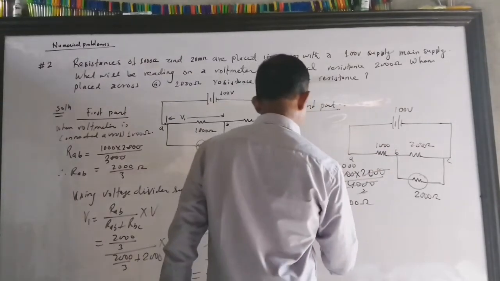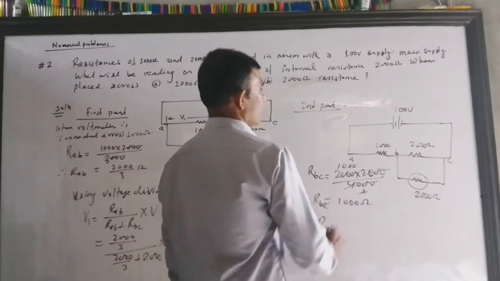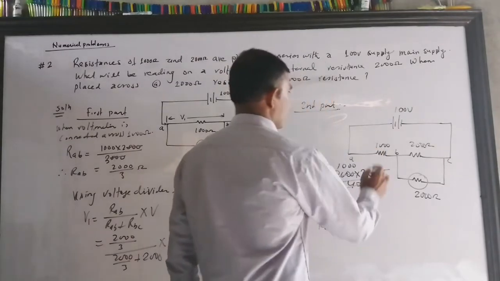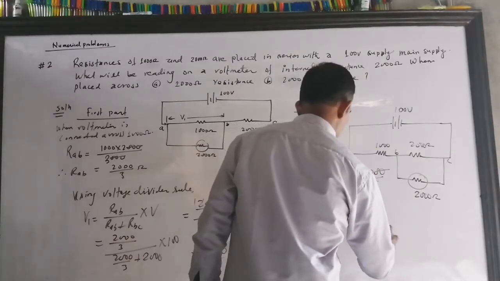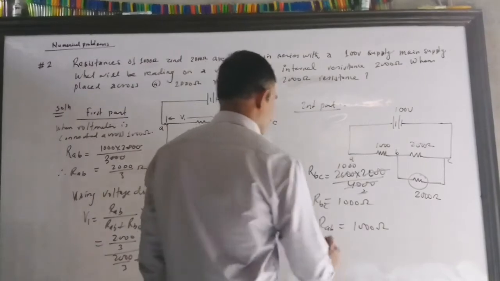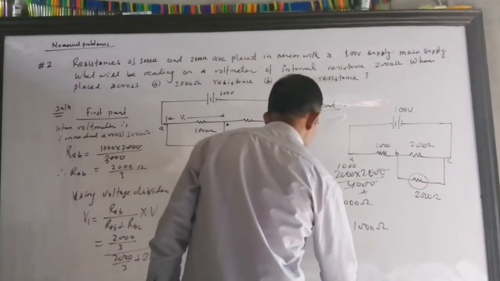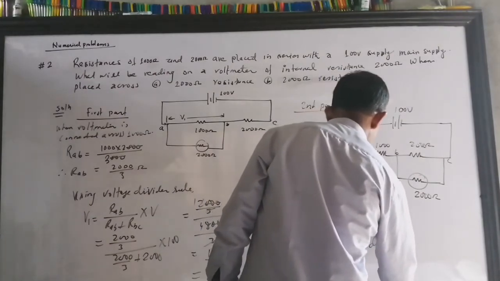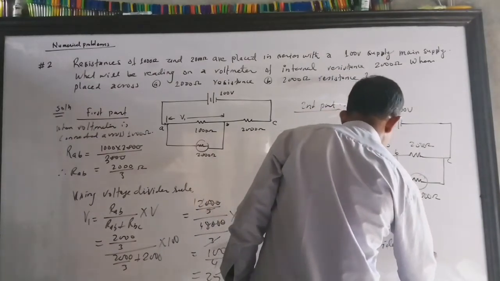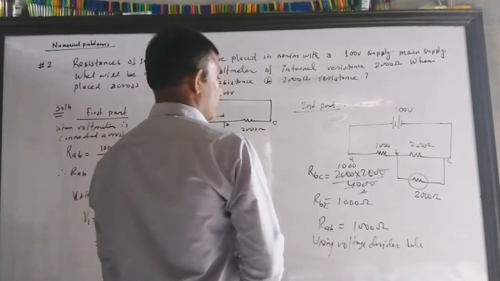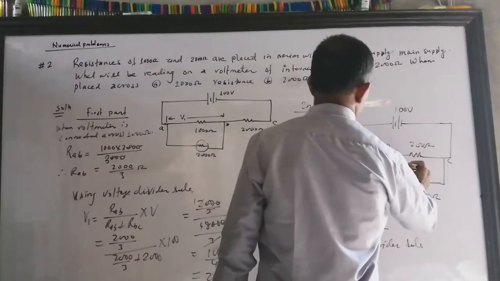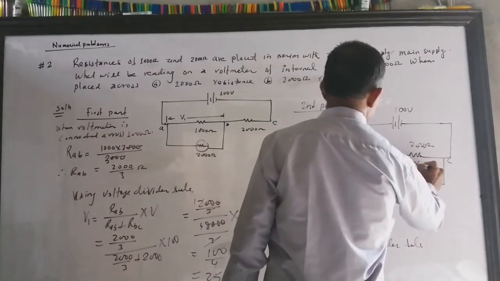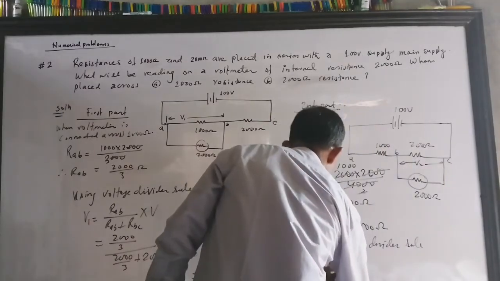RAB in this case is just 1000 ohm. So again using the voltage divider rule, you want to find the voltage from here to here, which I call V2.